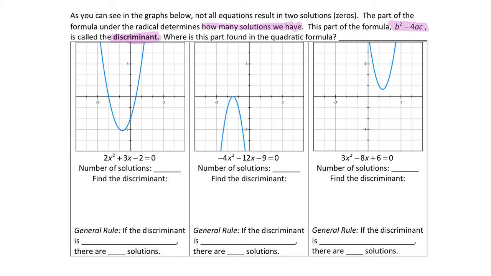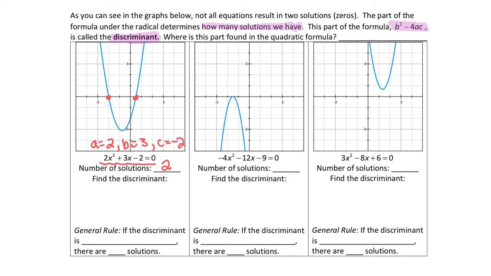For example, this first one here, we can see that there's two solutions or two roots that cross through the x-axis. So this one has two solutions. Now I'm going to take this formula right here, and I can see that a equals 2, b equals 3, and c equals -2.